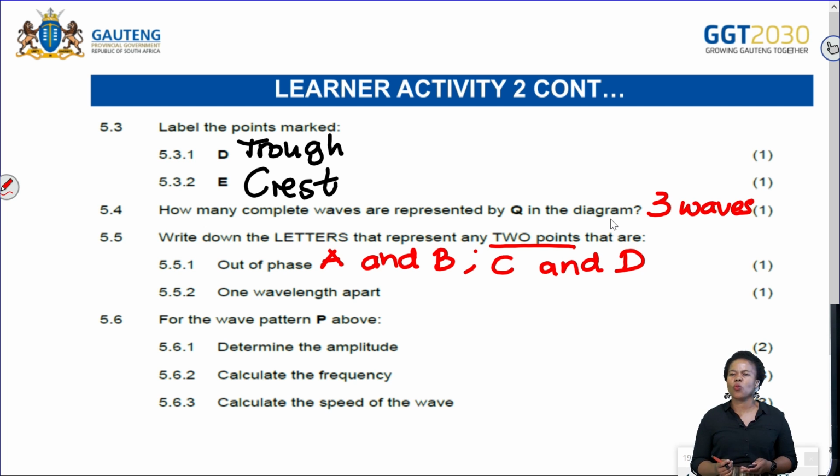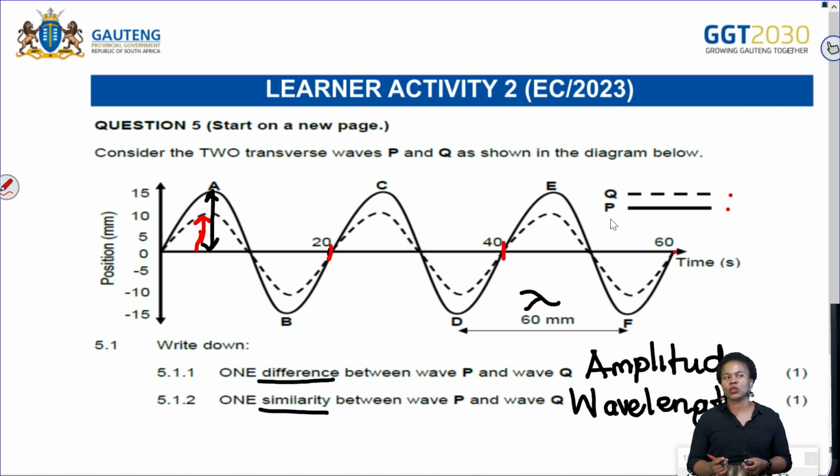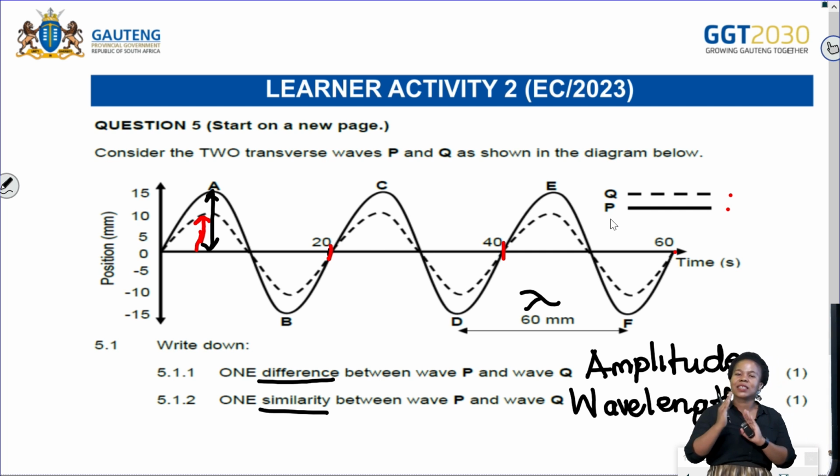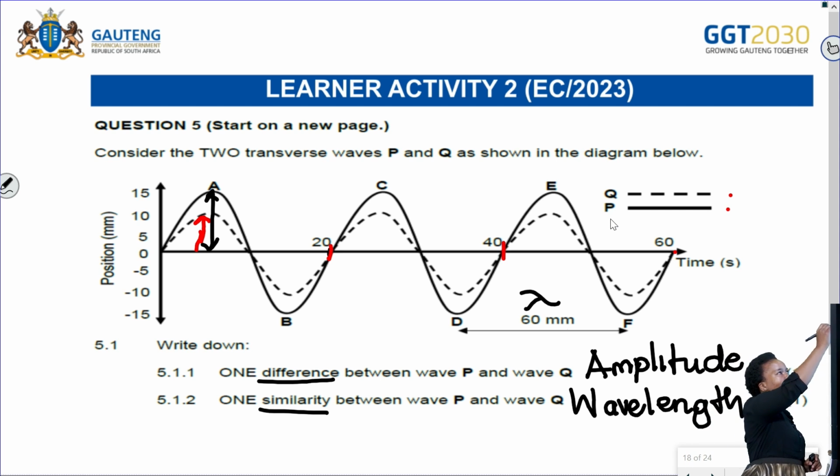One wavelength apart. Which ones are showing one wavelength apart? They even showed it to you. D and F, B and D, A and C. All of these ones, because we said it is a distance between two adjacent what? Adjacent crest or troughs. So between here and here, this is your wavelength.